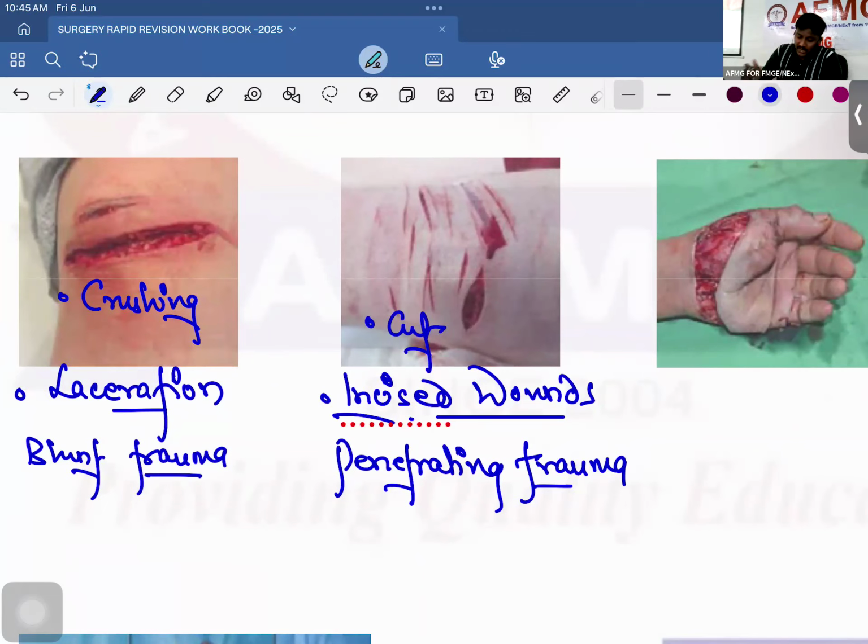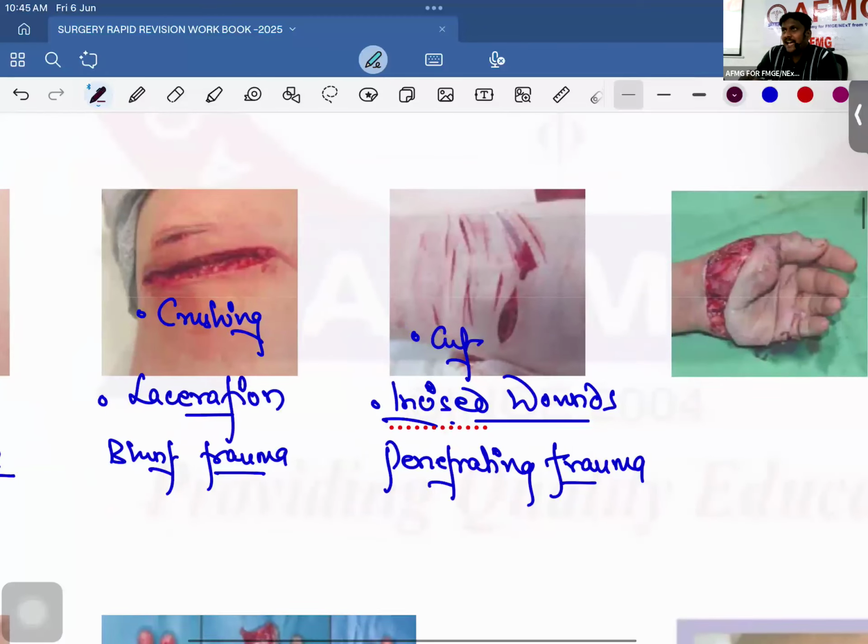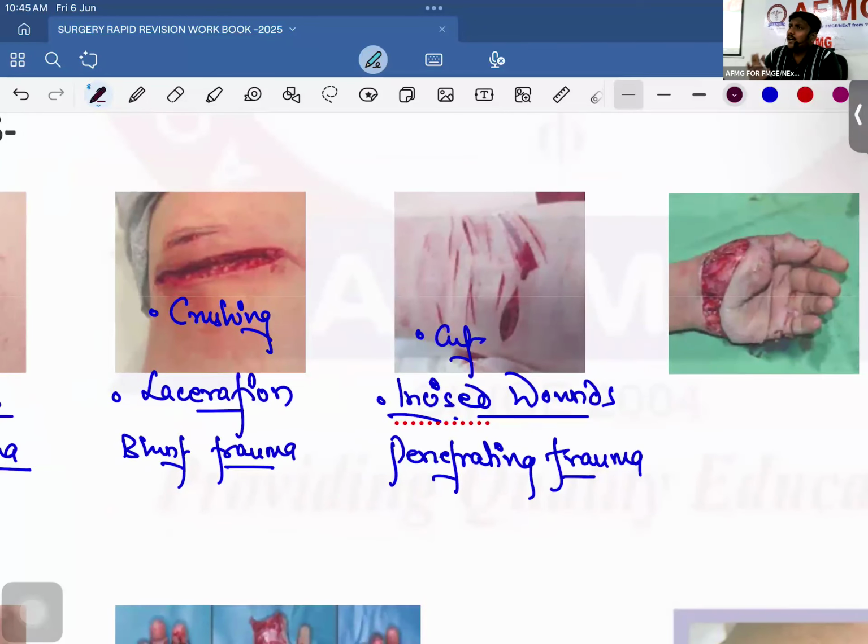Now, if they ask you definitely one thing, that if a patient has an injury with a heavy cutting weapon, something like an axe, ठीक है, अगर कुल्हाड़ी से, there is a heavy cutting weapon basically, beta, like an axe, which is going to cause a penetrating trauma, the patient is going to have crushing of tissues.